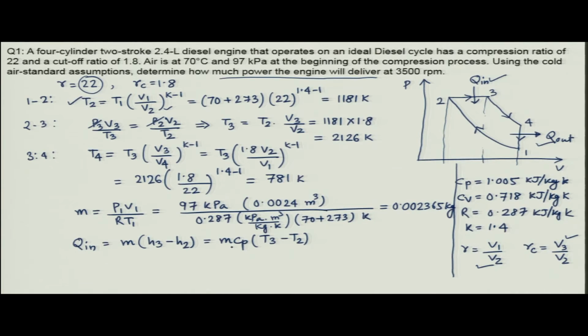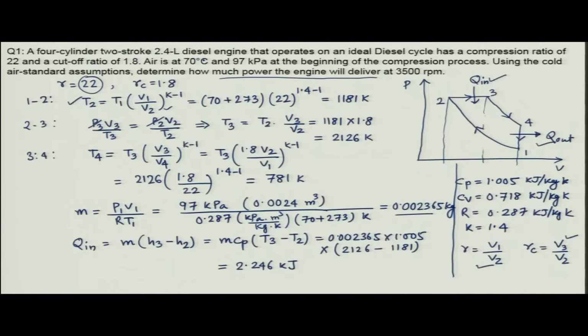Substituting the values, M is 0.002365, Cp is 1.005 times T3 minus T2, which is 2126 minus 1181. So, we can find Q in as 2.246 kilojoule. Okay. So, that is Q in.